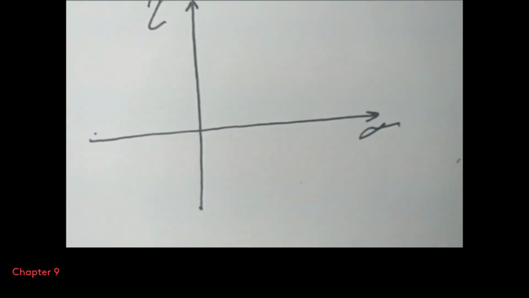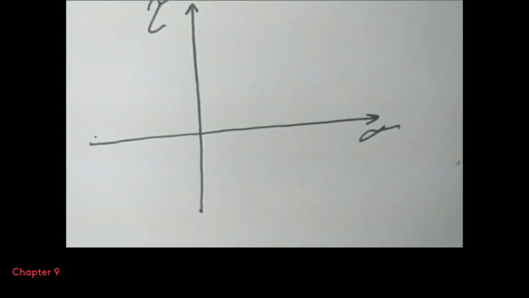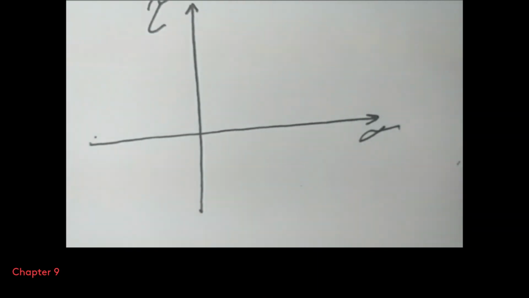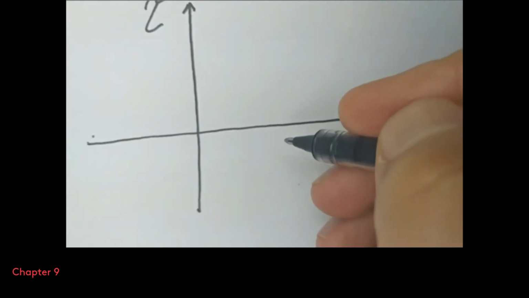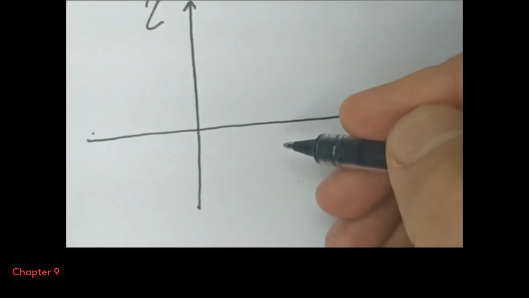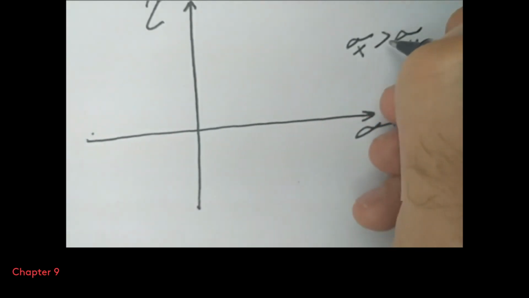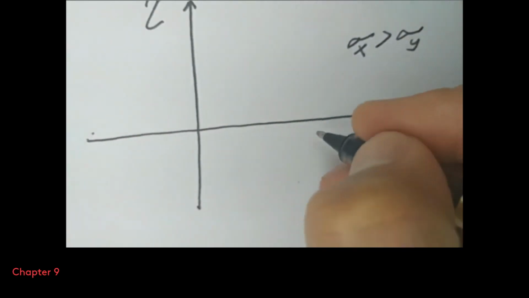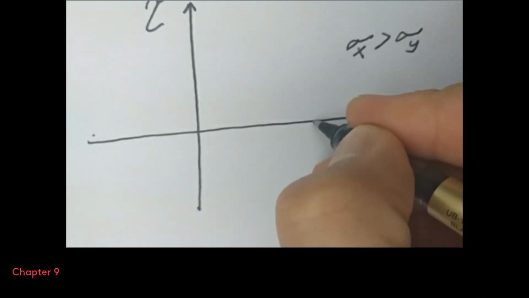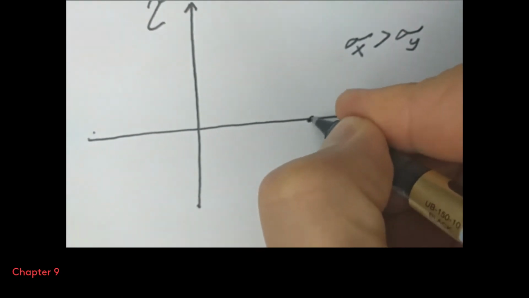It can be vice versa, it doesn't matter. First, I locate this stress on the axis. Let's say that this is sigma x. So this is the magnitude of the stress, right? So this is sigma x.